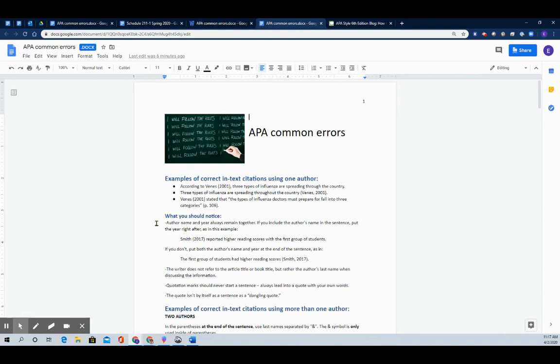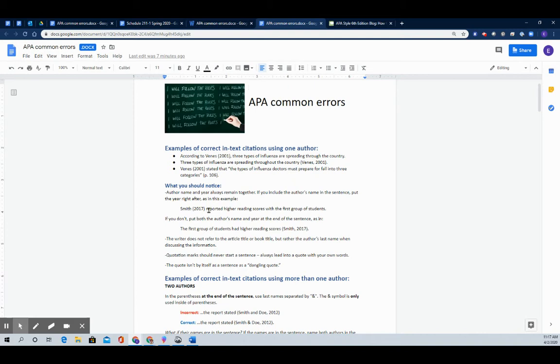What you should notice is that the author's name and the year are always going to stay together.